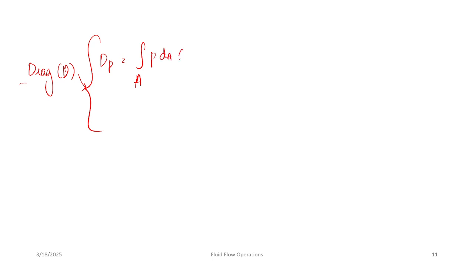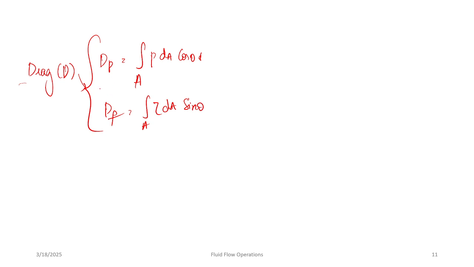So if you write this in mathematical terms, dP will be the integral of P dA cos theta over the entire body, and dF will be the integral of tau dA sin theta over the entire body.